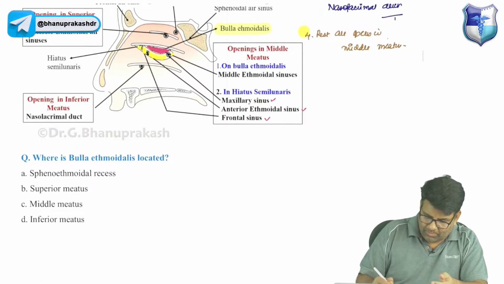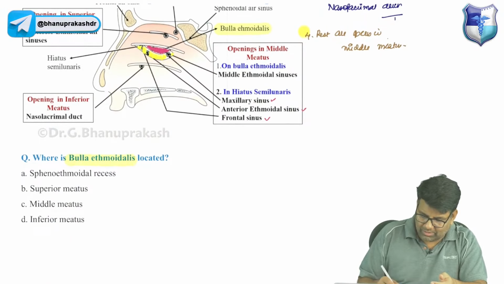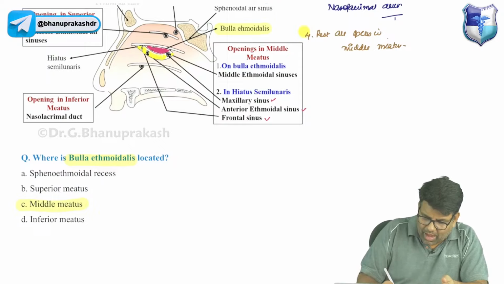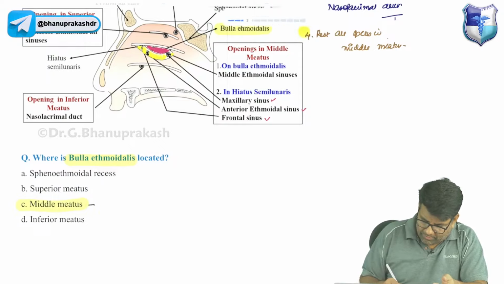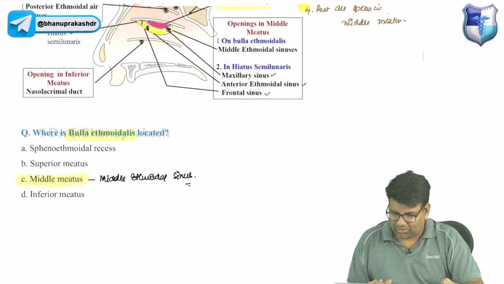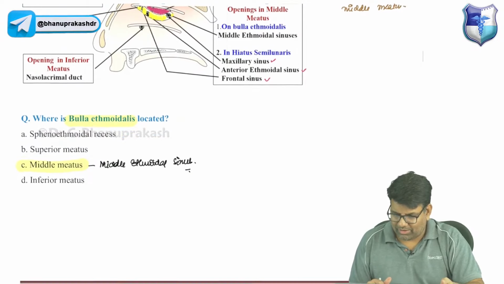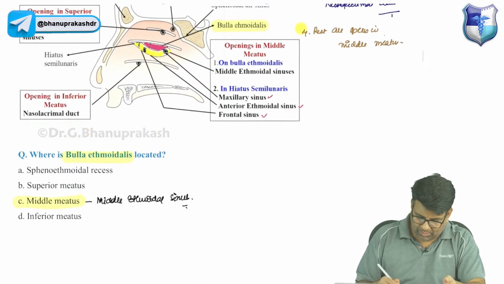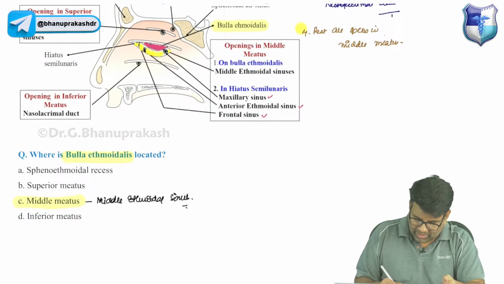So if someone asks you what is the location of bulla ethmoidalis, then you can clearly say that it is in relation to the middle meatus, and there is the opening of the middle ethmoidal. Very good, everyone is perfectly right. Bulla ethmoidalis in middle meatus has the opening of middle ethmoidal.